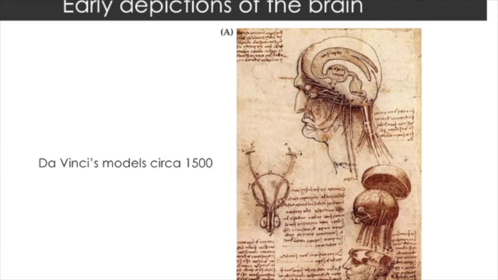Now, early depictions of the brain start a long time ago, but we'll start our discussion with Da Vinci, who started building models of the human brain around 1500 when he dissected human cadavers, and specifically the brains of human cadavers. He realized that there were some areas of the brain that weren't just matter, right?